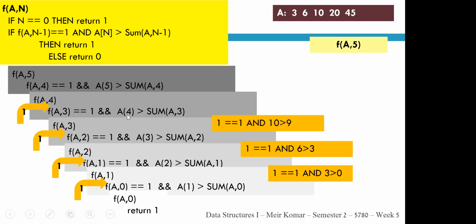A4 isn't greater than the sum of A3, so then it will return a 0. So A4 won't be equal to 1, it will be equal to 0. Because it's an AND function, if one time somewhere here I returned a 0 instead of a 1, that 0 is going to ripple all the way up. Okay, Jonathan? You're right, I see.